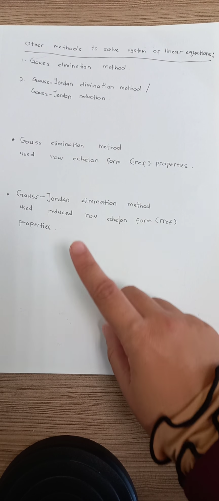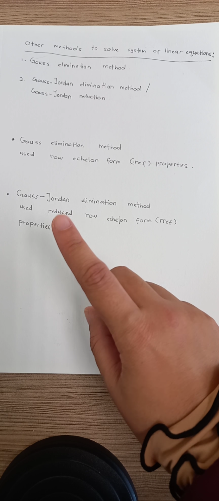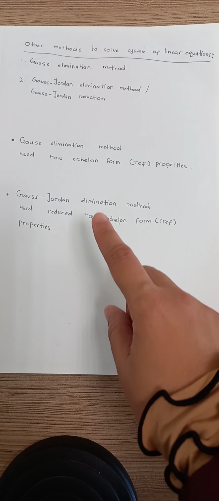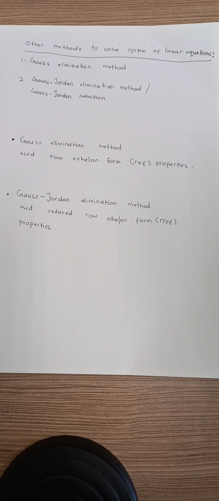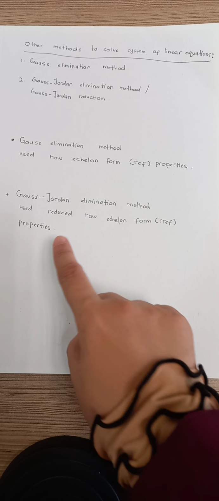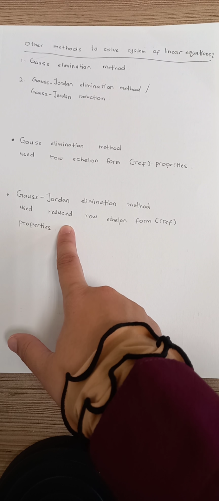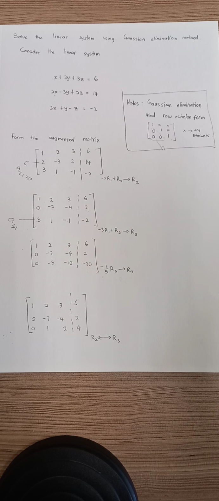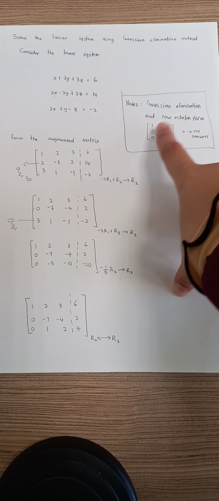But if we want to solve the system using the Gauss-Jordan elimination method, which has the longer name, we use the reduced row echelon form. Gauss elimination method must use row echelon form properties like this one.